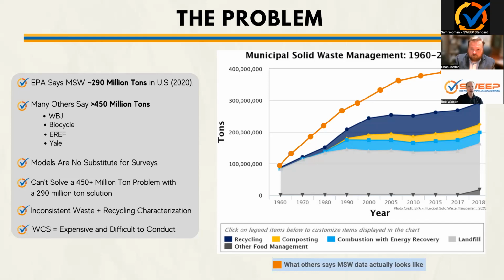So one of the things that SWEEP is trying to do is to get some regularity in reporting of waste generation, reporting of characteristics of both mixed waste and recycling. But obviously, in spite of the tremendous industry expertise out there, waste characterization studies or waste composition studies are expensive.